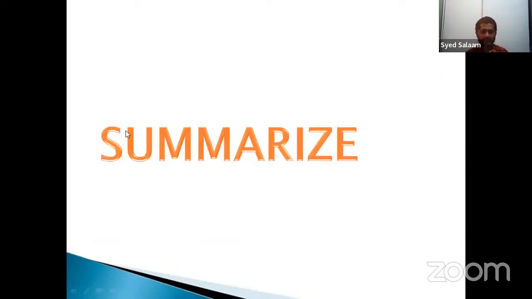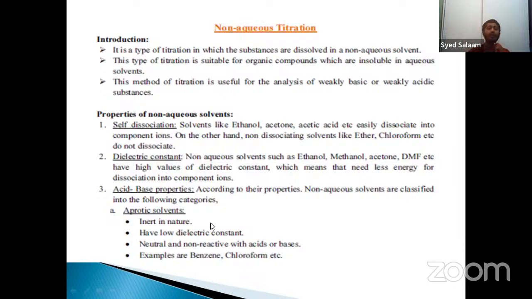So let us summarize all these concepts. Here we have seen non-aqueous titration. I'm just giving a gist, as well as a few more important points we will get to know in this whole summarization. First of all, by the name itself, non-aqueous titrations are a type of titration in which the substance is dissolved in a non-aqueous solvent.